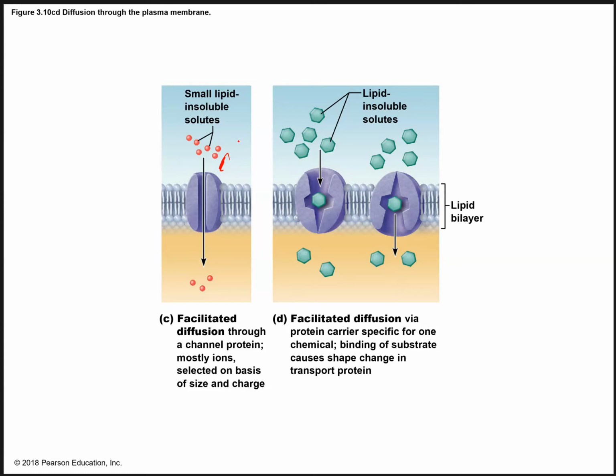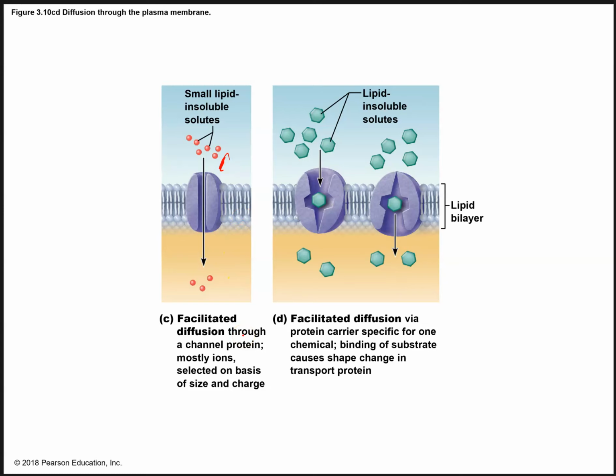Now glucose is a large molecule and it requires a carrier. It cannot just pass through the plasma membrane. So glucose is transported via facilitated diffusion using a glucose transporter.